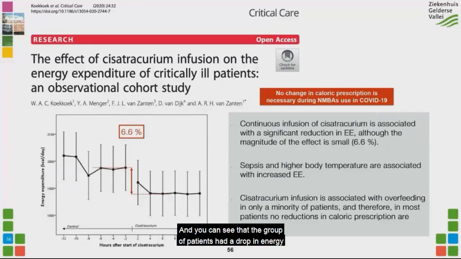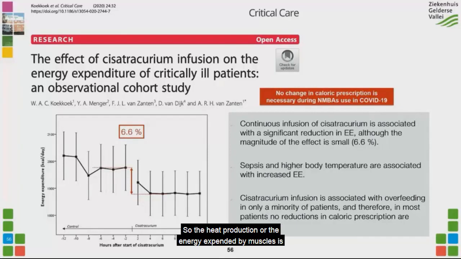And you can see that the group of patients had a drop in energy expenditure. But the magnitude of the effect was very small, only 6.6%. And we found that patients with sepsis and a higher body temperature had increases in energy expenditure, but the effect of cis-atracurium was very limited on the energy expenditure because we relaxed the muscles.